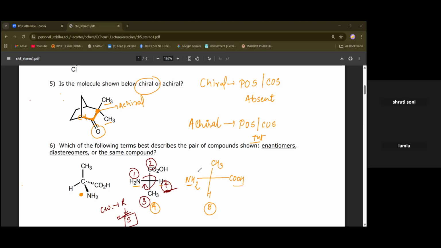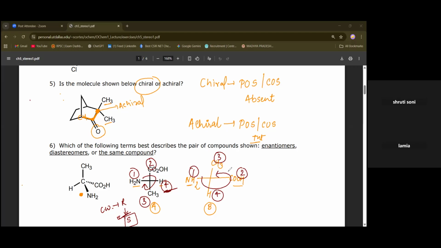Here is the first, second, third, and fourth. So is it clockwise or anti-clockwise? What do you think?